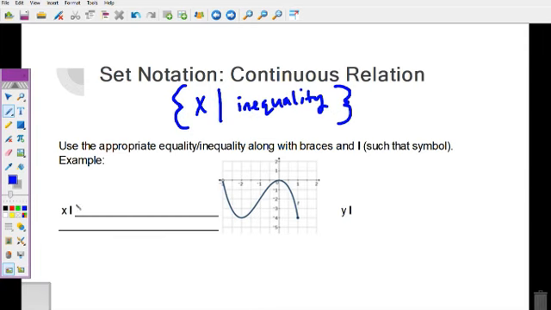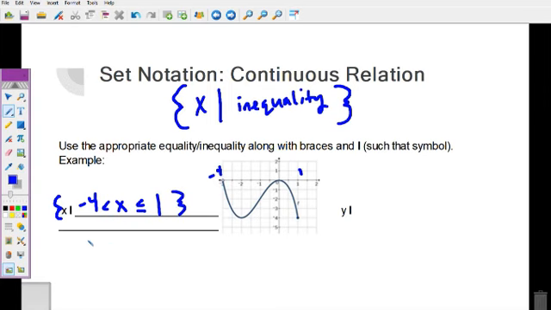Okay, so I'm going to read this as x such that. So when I look at my graph, my x values come all the way over here to -4 and they end at +1. So my x such that x is greater than -4, and notice I just say greater than because it's an open circle, but less than or equal to 1 because it's a closed circle. And I'm going to close off my braces.